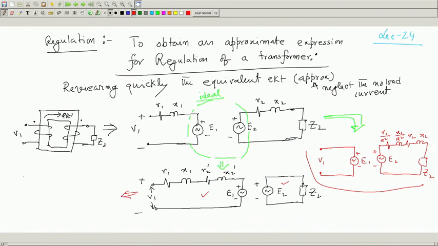Let me use a different color, and I will show it with V1, and here R E1, this R1 plus R2 dashed, then X E1, and here I will forget about this ideal part and connect a squared Z2.